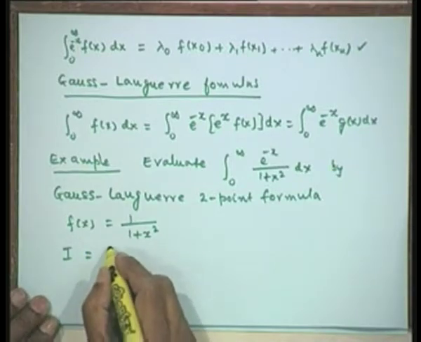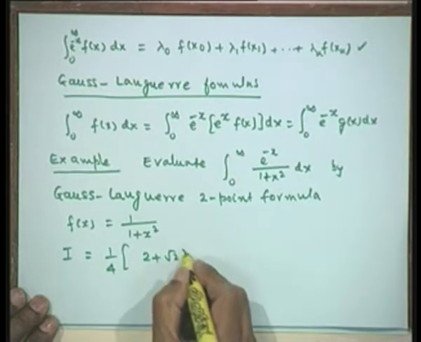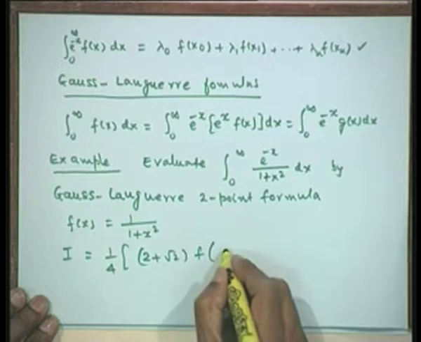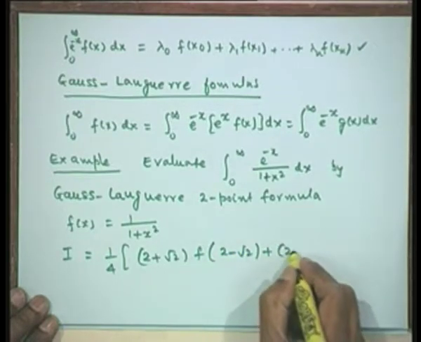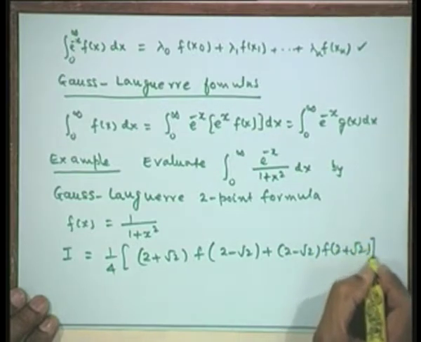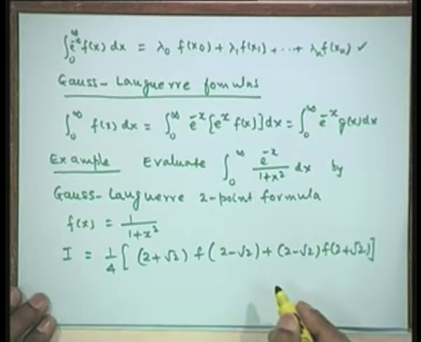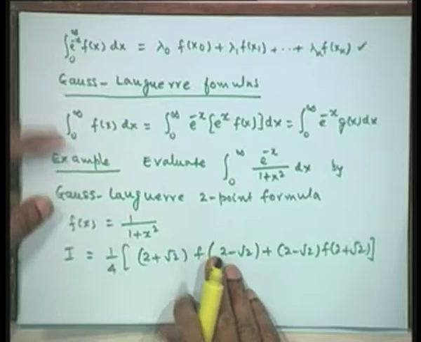The 2 point formula we had written was 1 upon 4 times (2 plus root 2) f(2 minus root 2) plus (2 minus root 2) f(2 plus root 2). Now, we substitute in the function and simply evaluate.